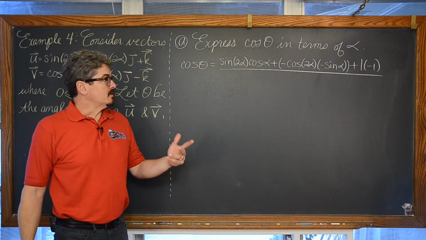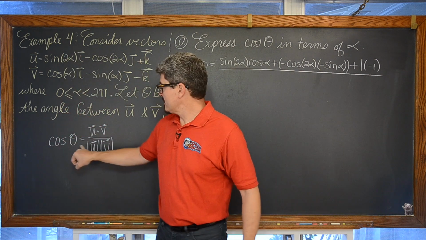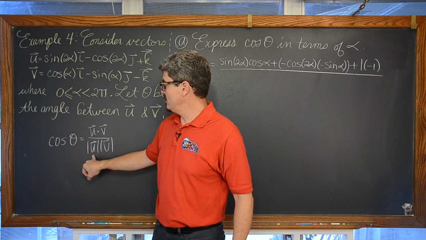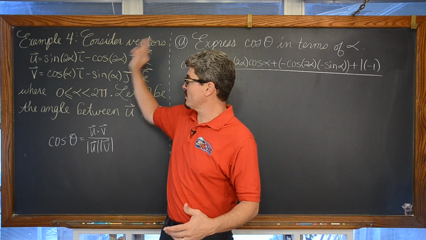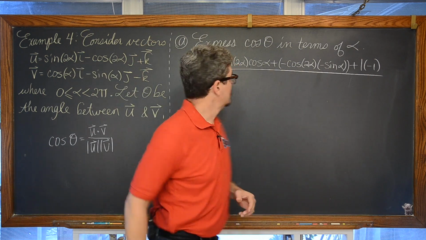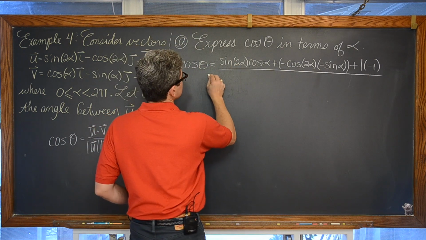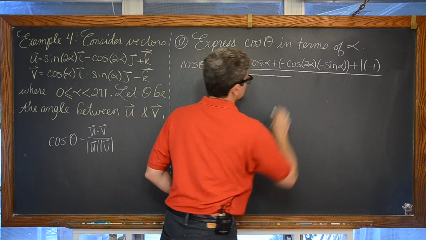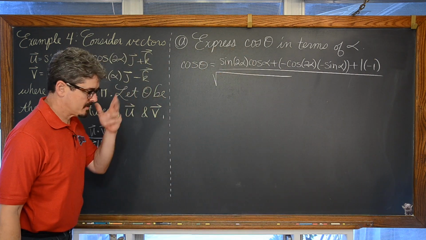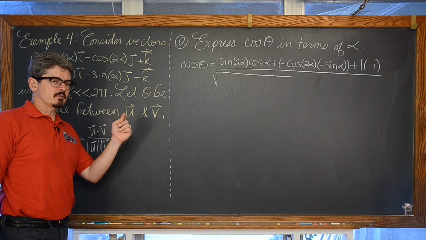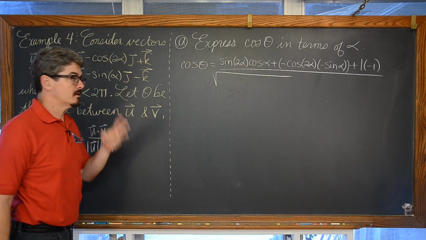Now let's take a look at the denominator. The magnitude of vector u, which of course I'm not going to be able to find, there's a bunch of variables, but we can write out the formula. The magnitude of a 3-space vector is simply square each of the components along the x, y, and z and add them up.